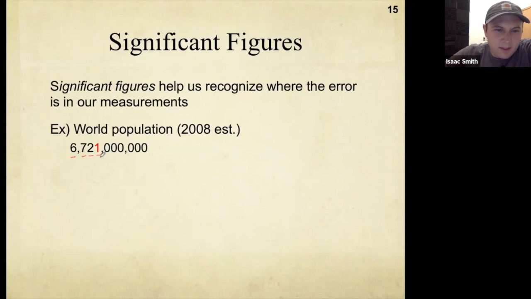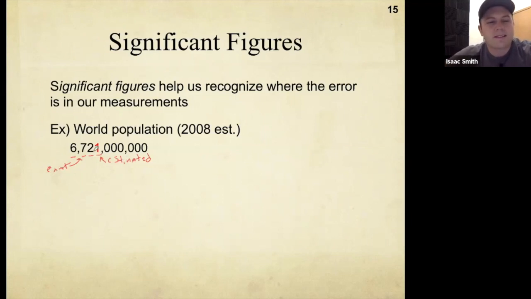And we remember the last digit, that's estimated. Sorry, I'm gonna get better at this pen thing, I promise. And then these 3 digits right here, those ones we can count on, okay? Those 3 are exact.